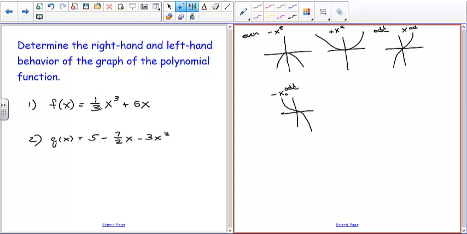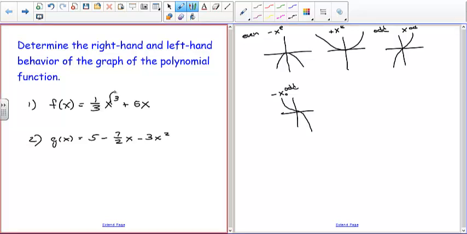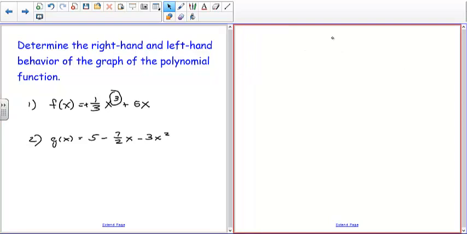So all we have to do to answer these questions is look at the highest order term, which is 3, which is odd. And you can see I have a plus coefficient. So how you would describe the end behavior is you can kind of draw it like this.